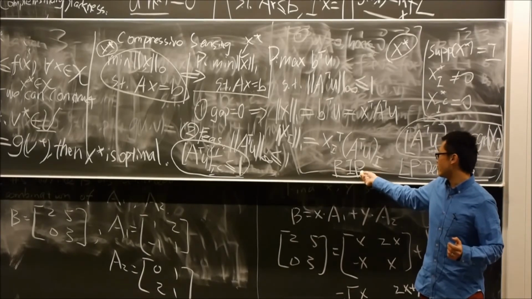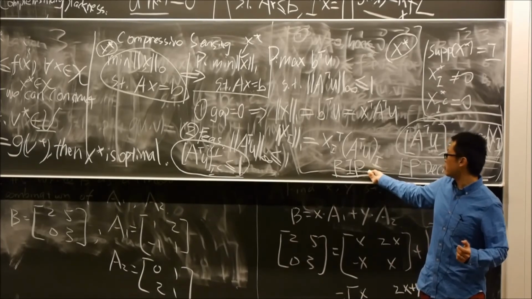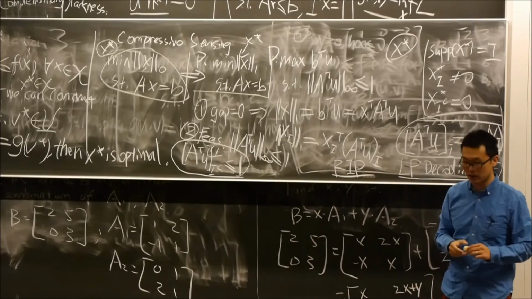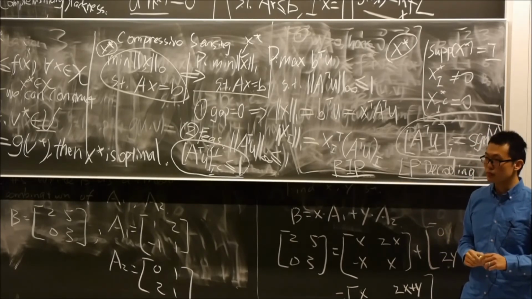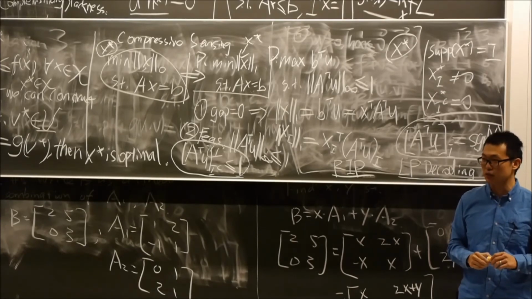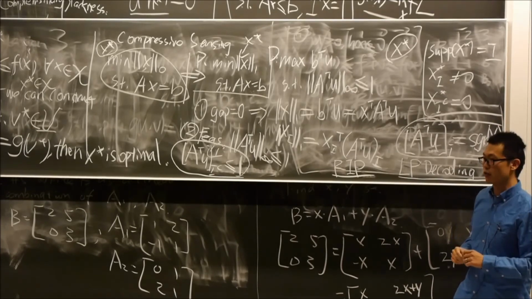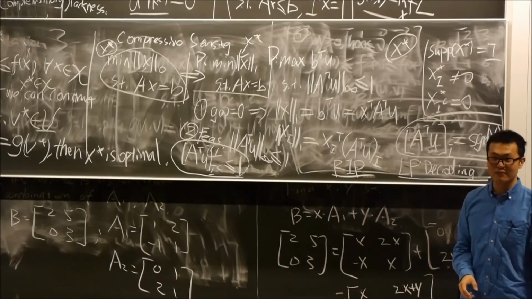That's how they derive the RIP condition, which is the most important property of compressive sensing. I will be happy to talk to you more about it if you are really interested in this line of work. So yeah, that's all.